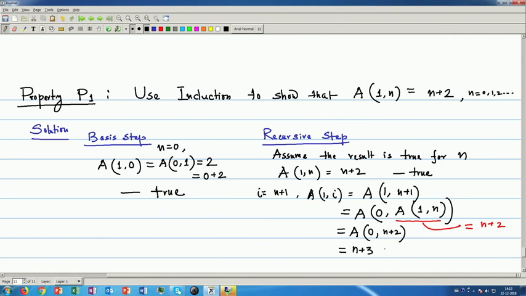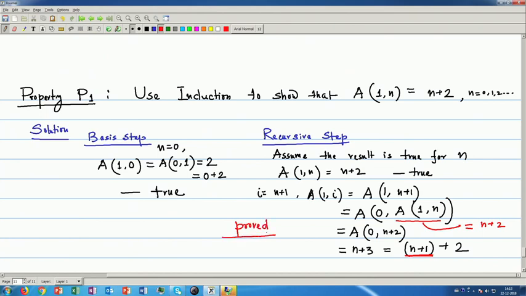That means this is equal to n plus 1 plus 2. So, when i equals n plus 1, this is n plus 1 plus 2, so this property is proved.